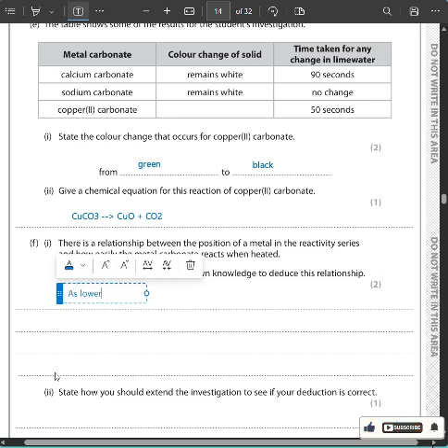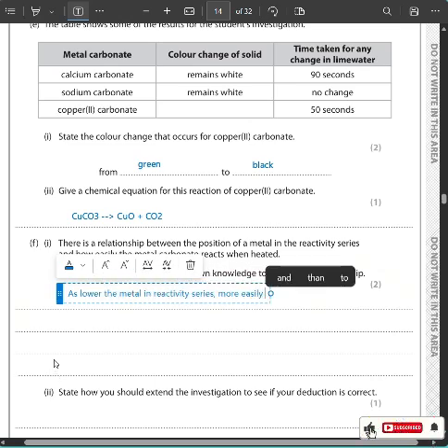The lower the metal is in the reactivity series, the more easily the metal carbonate reacts or decomposes.